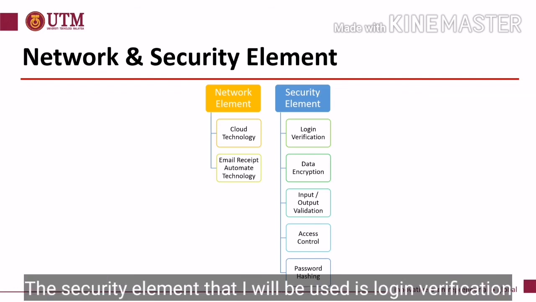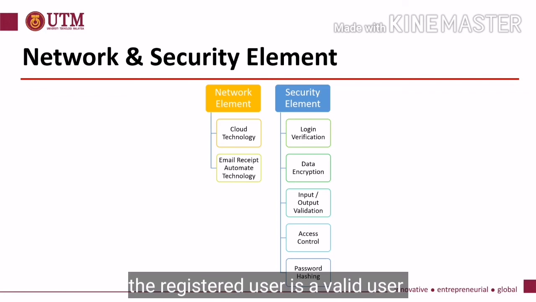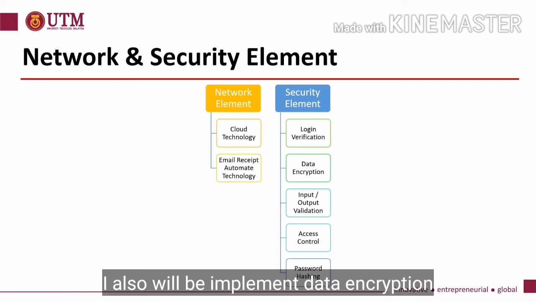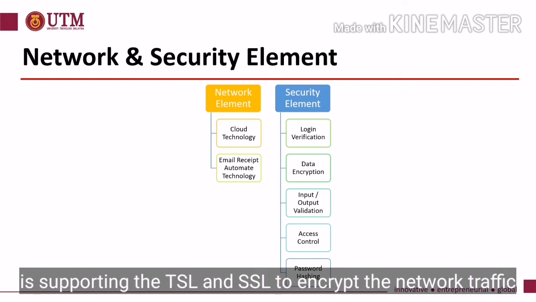The security that I will use is login verification, which implements OTP authorization to make sure the registered user is the real user. I also implement data encryption. This is because MongoDB, which I use for the backend, supports TLS and SSL to encrypt the network traffic.